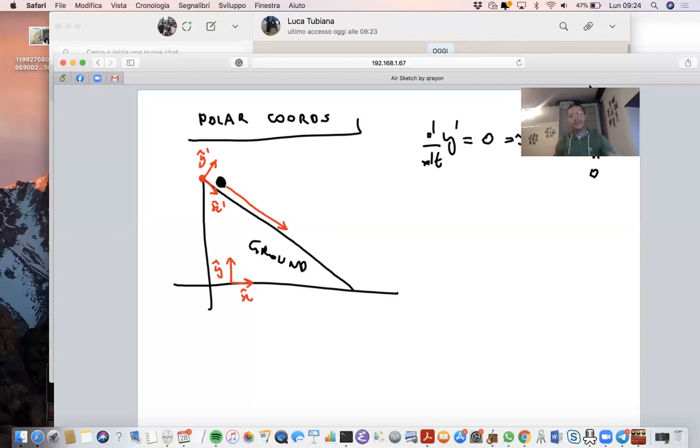So why is it that choosing different coordinate systems, I get different degrees of mathematical involvement in the problem? The reason is that in the first choice, the one where I was setting the axis according to the level of the ground, I was not fully making use of the symmetry of the problem.